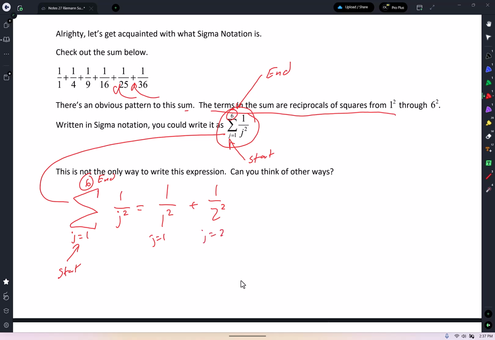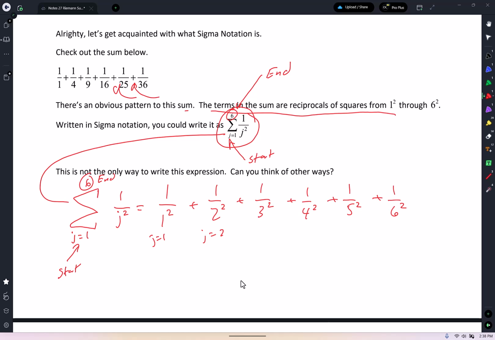You're just going to keep going until you get to 6. Plus 1 over 3 squared, plus 1 over 4 squared, plus 1 over 5 squared, plus 1 over 6 squared. And you stop there because it says end. And that's how those work. That's called sigma notation. That's called a sum.